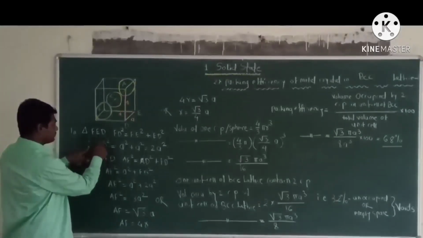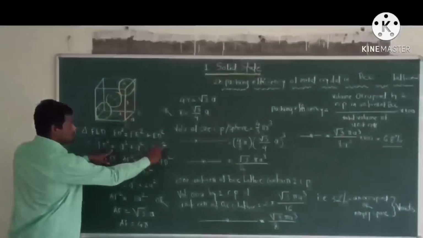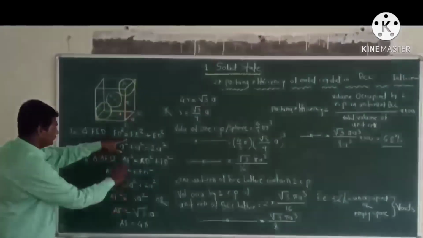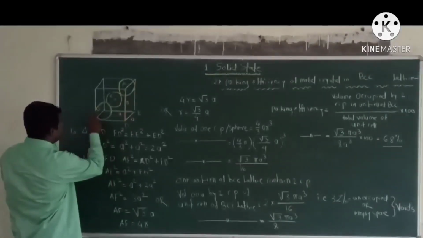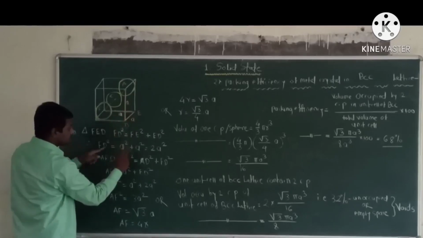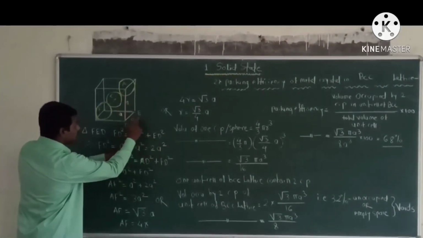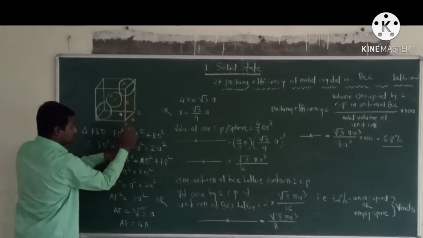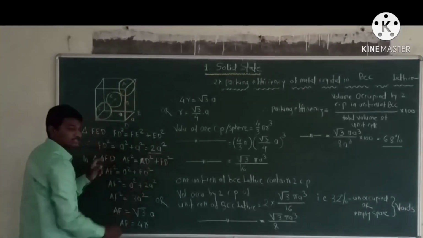Therefore, FD square is equal to A square plus A square, which is 2A square. Here, FE is nothing but A, that is A square, plus ED is nothing but A, that is A square. A square plus A square is 2A square.